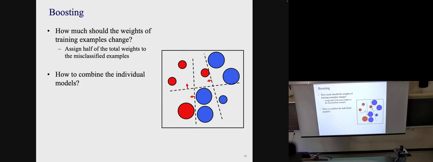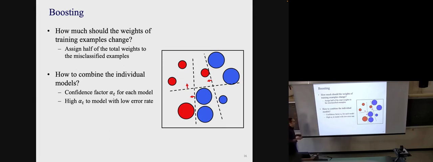This is the principle in AdaBoost, how AdaBoost works. We'll also weight each model by a confidence factor alpha, so models that have a lower error rate will have a higher confidence factor alpha.